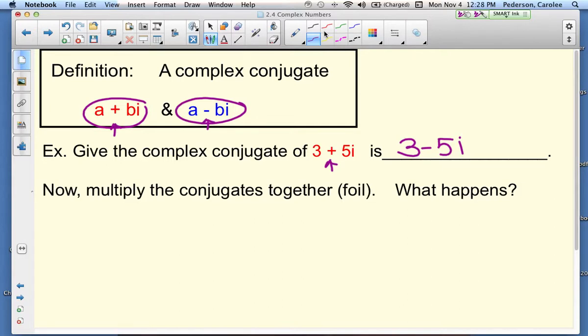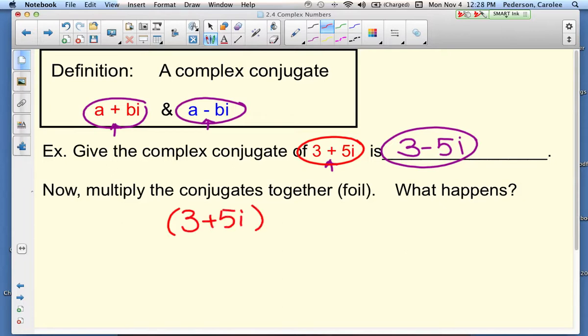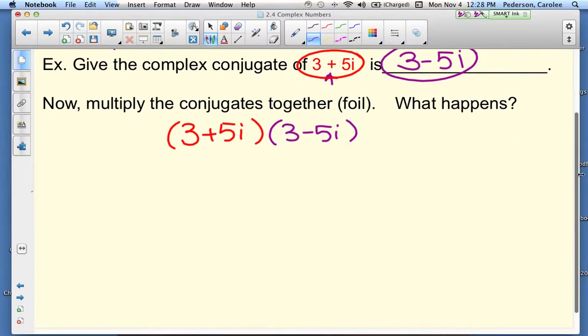So I'm going to multiply this red piece to this purple piece. Let's see what happens. So we take 3 plus 5i, and we multiply it by 3 minus 5i. Remember, when you multiply two complex numbers together, think of that method as FOILing. So we do first, 3 times 3 is 9.